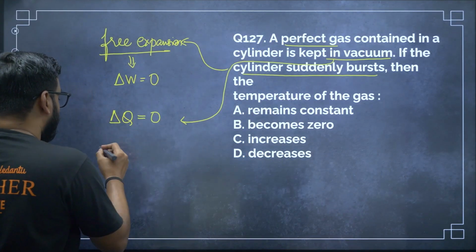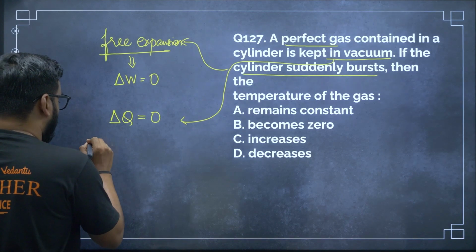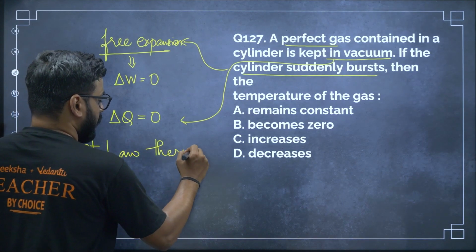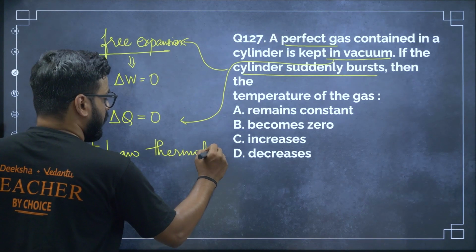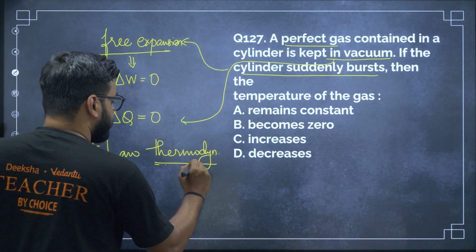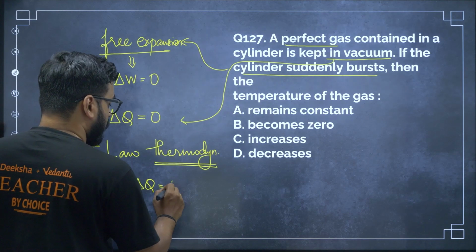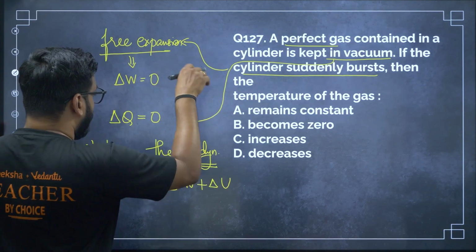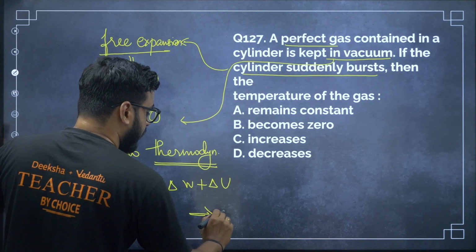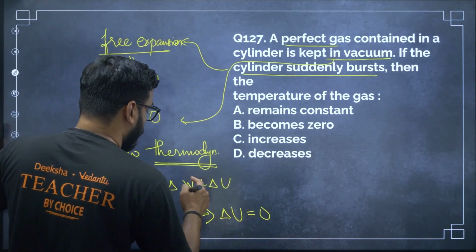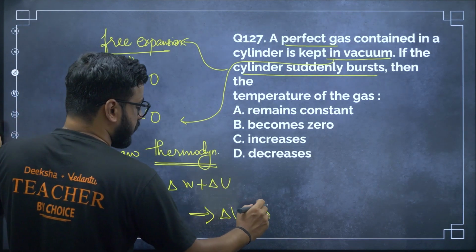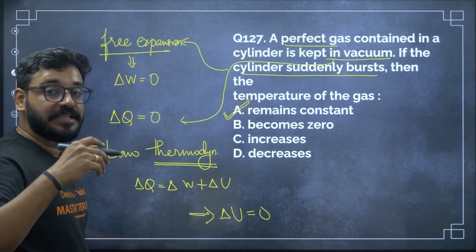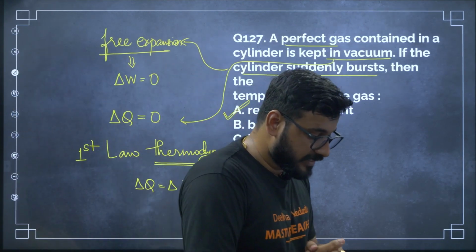That means according to the first law of thermodynamics, delta Q is equal to delta W plus delta U. Now this condition implies that delta Q is 0, delta W is 0, so delta U is also 0. There is no change in the internal energy, therefore the temperature remains constant.